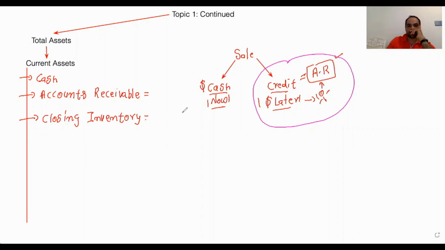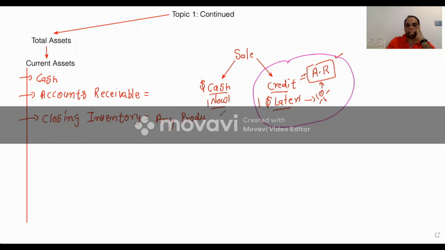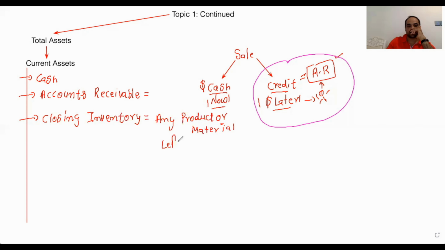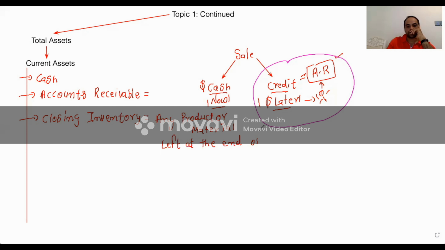Closing inventory is any product or material left at the end of the day.